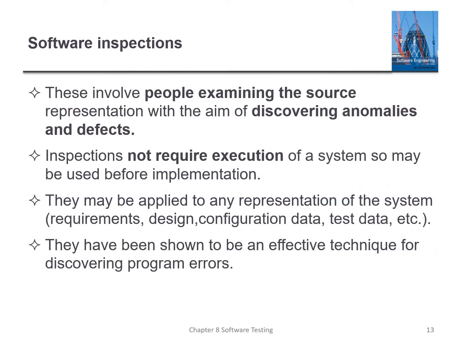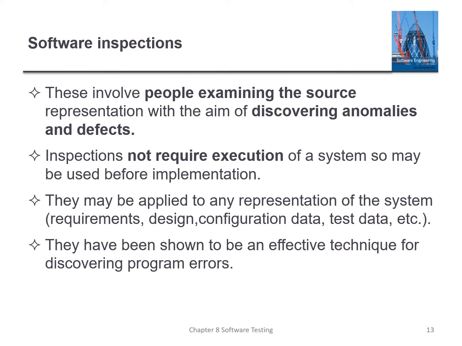Software inspection, as I've mentioned just now, involves people. People doing what? Examining the source and all sorts of documents that you have seen just now, to discover anomalies and defects, to check any possible inconsistencies, and also possible defects. Sometimes you can find defects even through the documentation.